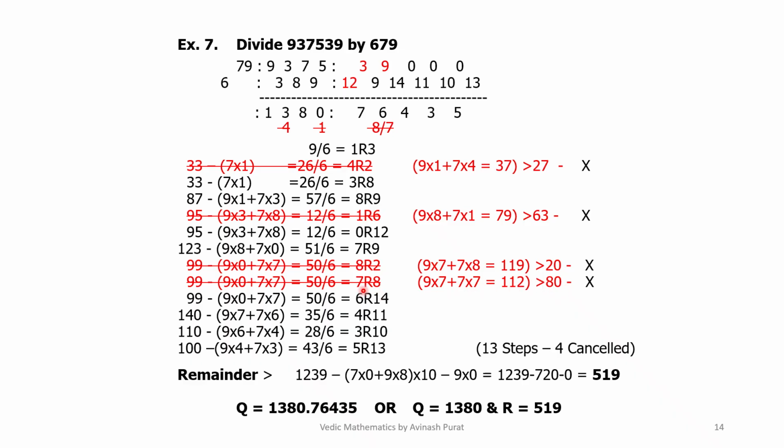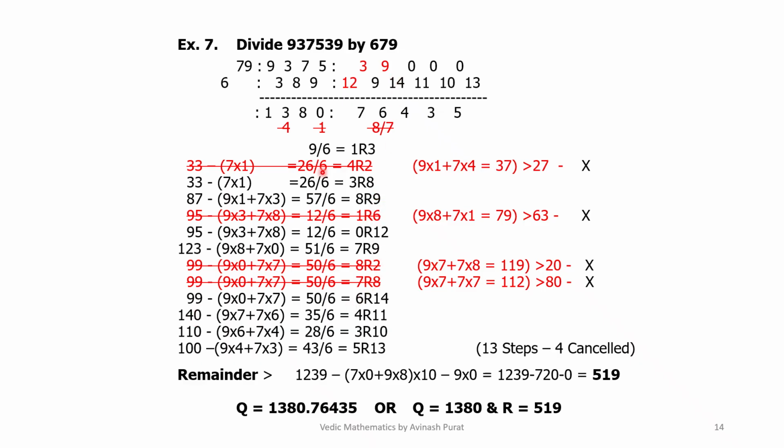So a quotient of 7 also is not suitable. Then we take 99 minus 9 into 0 plus 7 into 7 equal to 50 divided by 6 equal to 6 and remainder is 14.